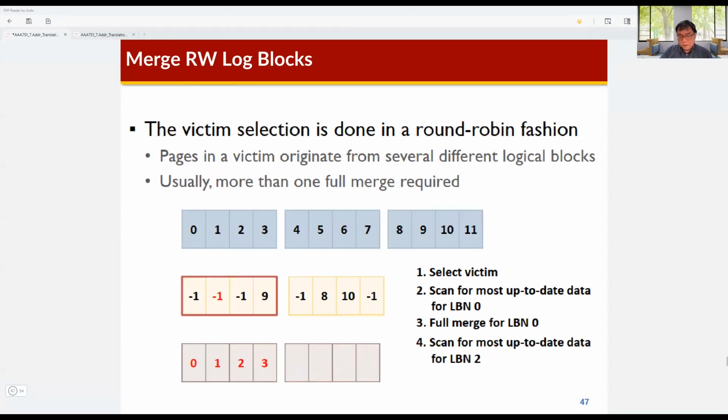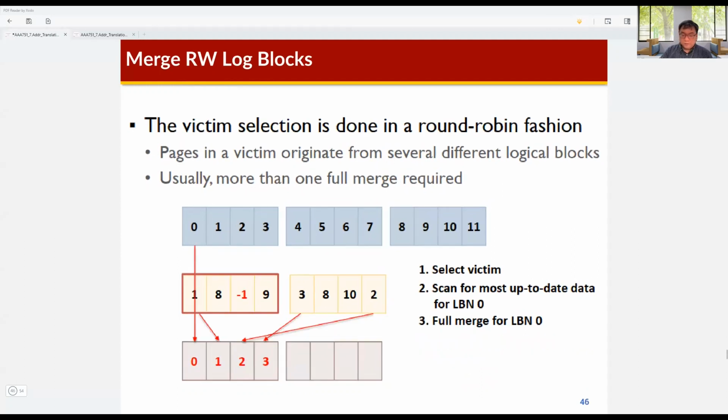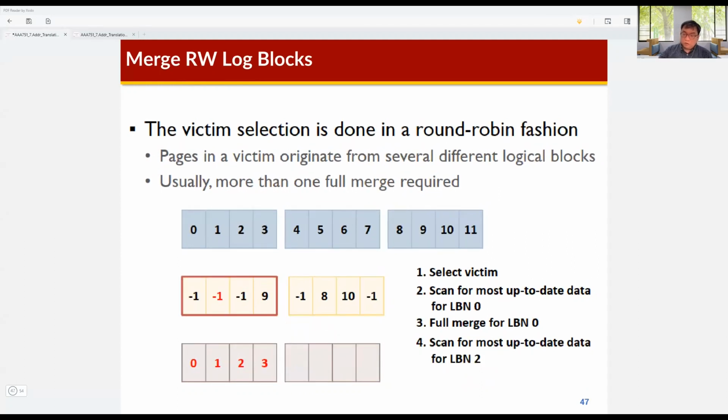So this slide explains how to select the victims from the log block and then generate the new data block. Okay. So when the victim is selected, the corresponding page is invalidated, and the data inside this page is copied to the new block.